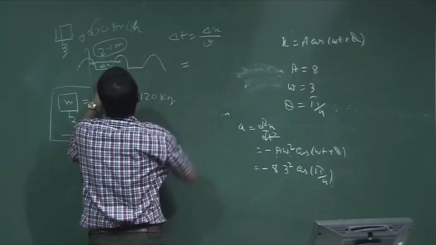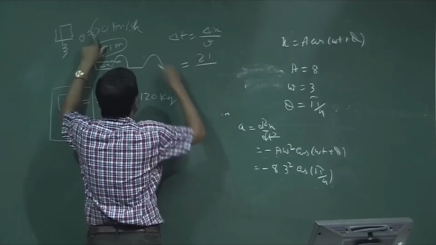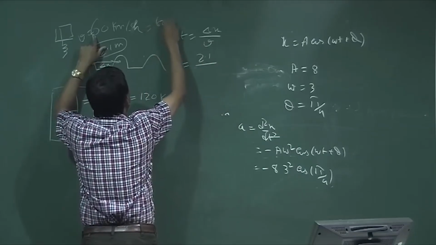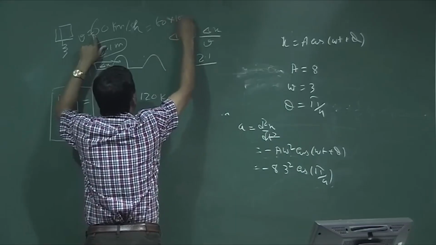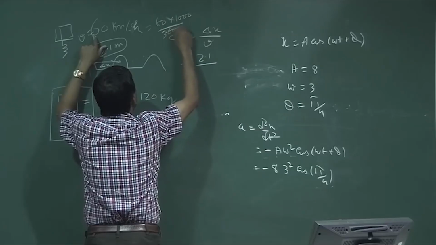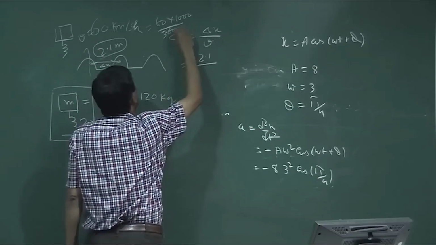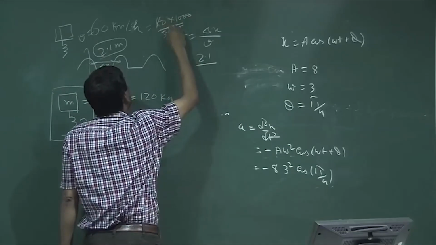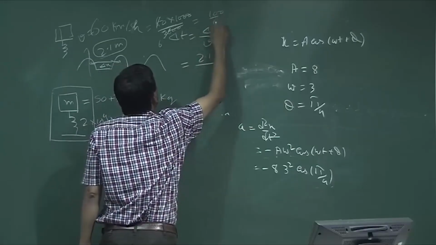What is del x? 2.1 meters. What is v? 60 kilometers per hour. If I want to convert it to meters per second, 60 into 1000 divided by 3600. If I cancel it, it is nothing but 100 by 6.